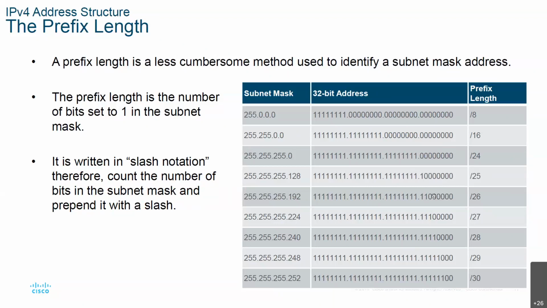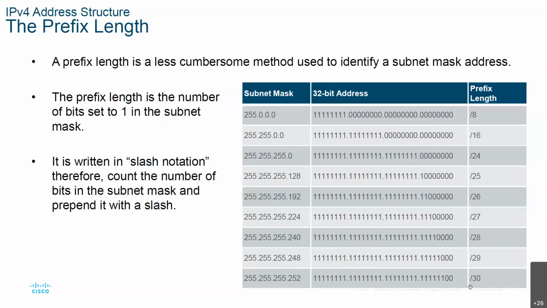Now I take 2 bits from my host portion to increase from 24 to 26. So now my network portion is 26, and my host portion is 6 bits only. And so on: /27, /28, /29.